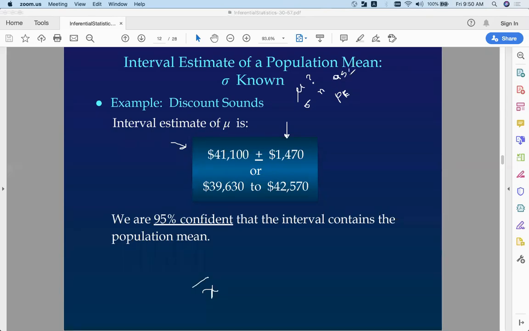So what is the point estimate you will have? The sample size is, let's say, 100 or 36. In this case, I think it is 36. Now, what is the point estimate that you can give for mu? The point estimate that you can give for mu is only X bar. What is the interval estimate you can give?